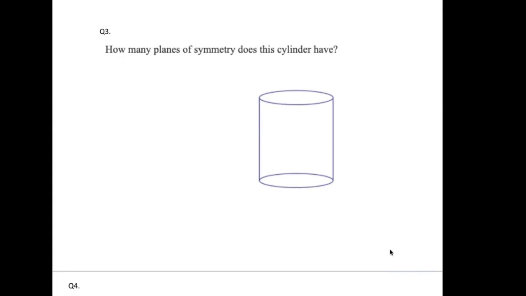So there are going to be infinite planes of symmetry. Why? Because the base is a circle, and the circle has infinite lines of symmetry. So there are going to be infinite planes of symmetry. A plane is going to look like this.